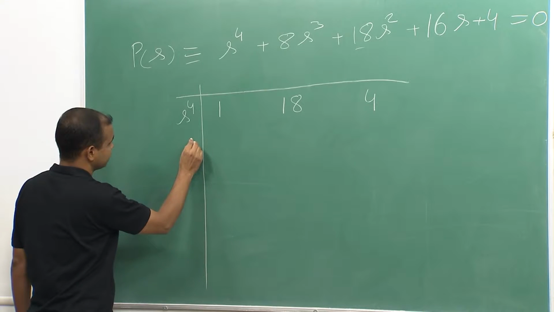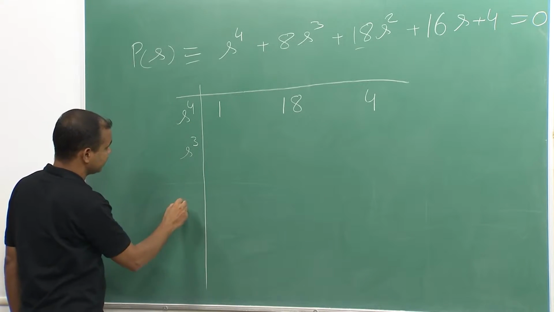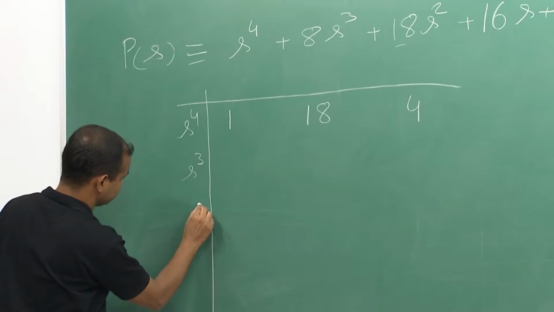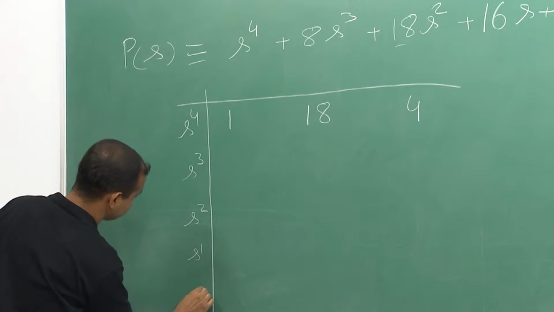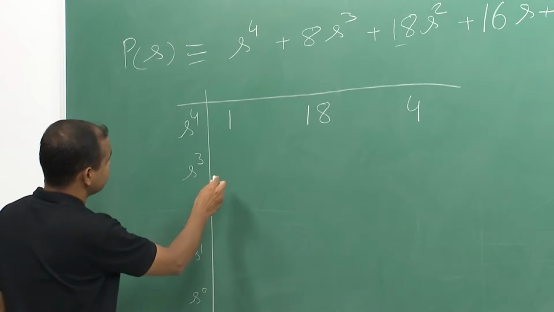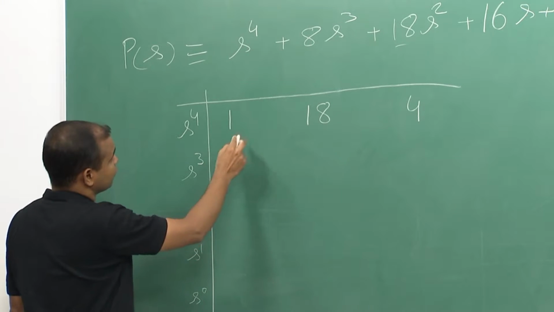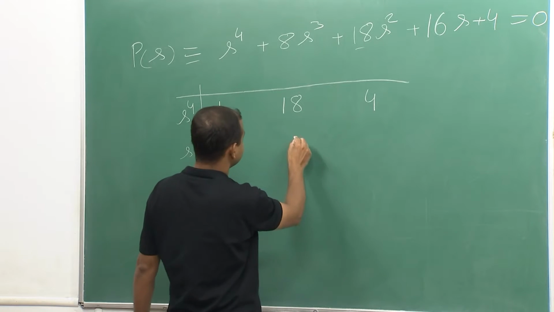Then we write in descending order all the powers, s to the power n down to s to the power 0. Here the coefficient of s cube is 8 and then for s to the power 1, that is 16.